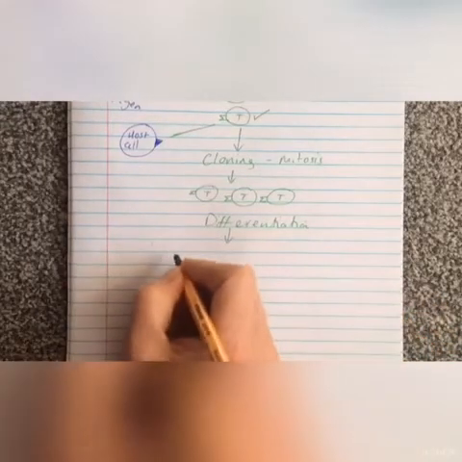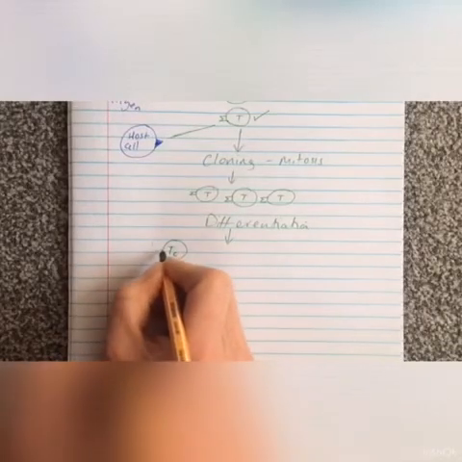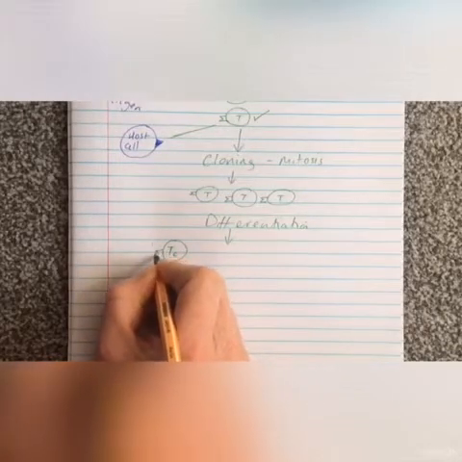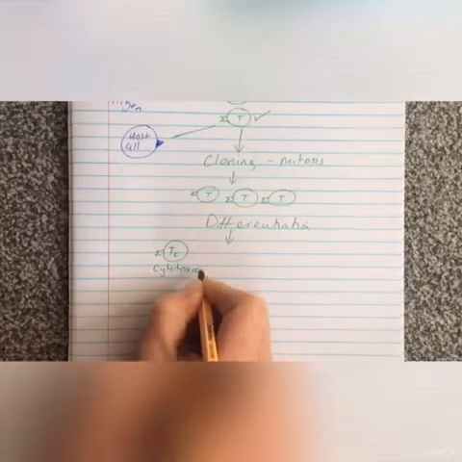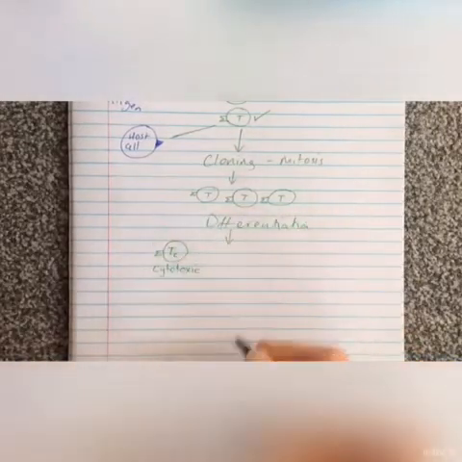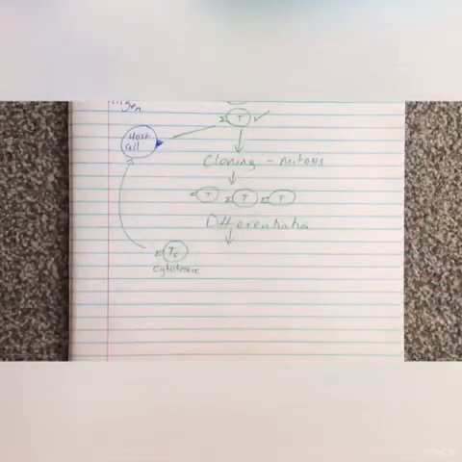So the first type would be a TC, sometimes called TK cell. This stands for cytotoxic, and these are the ones which actually can go and destroy host cells.